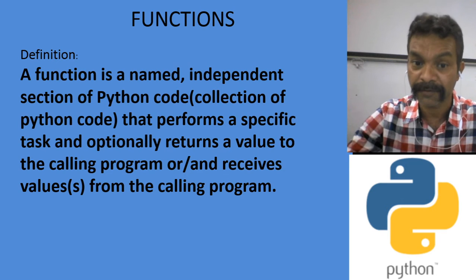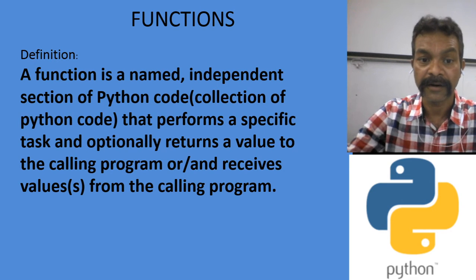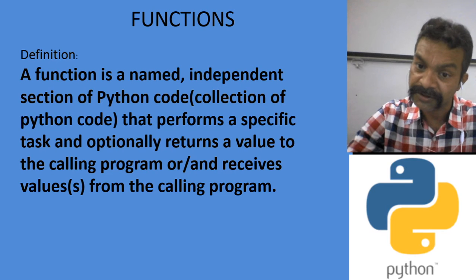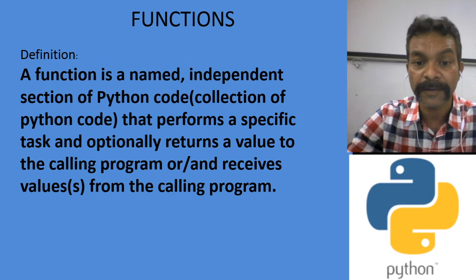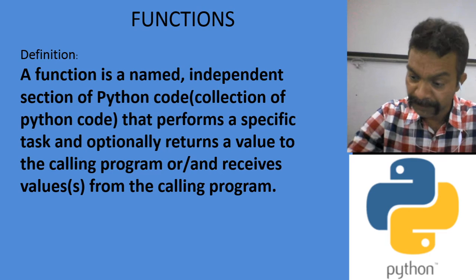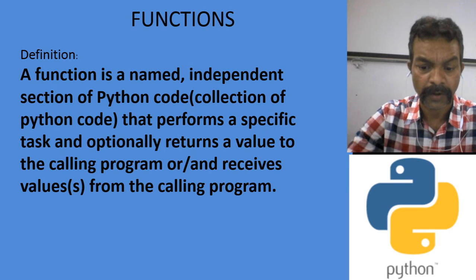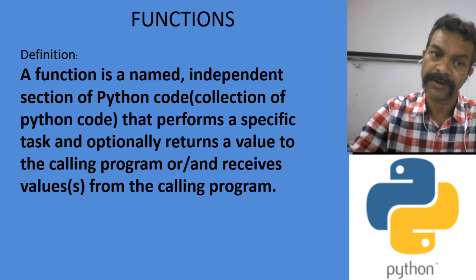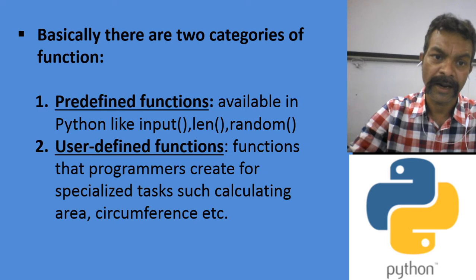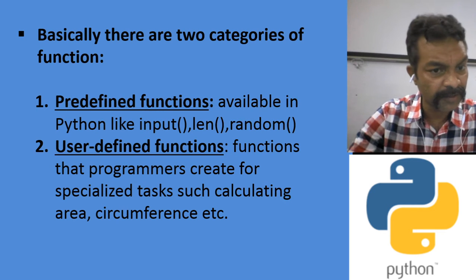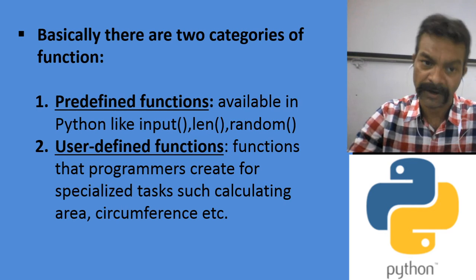For that purpose we make this function, and optionally it returns a value to the calling program. It means sometimes a function returns a value and sometimes it does not.